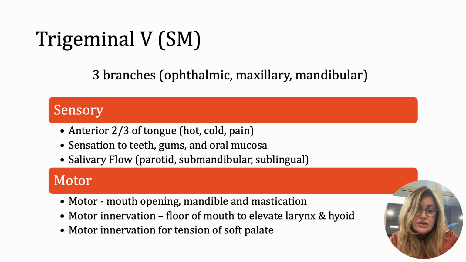After that, we can talk about the motor component. The motor component of the trigeminal nerve is related to how to open and close the mouth, how to move the mandible, and do the mastication.